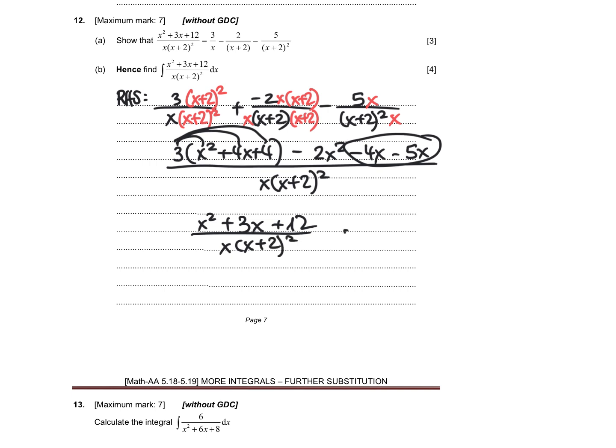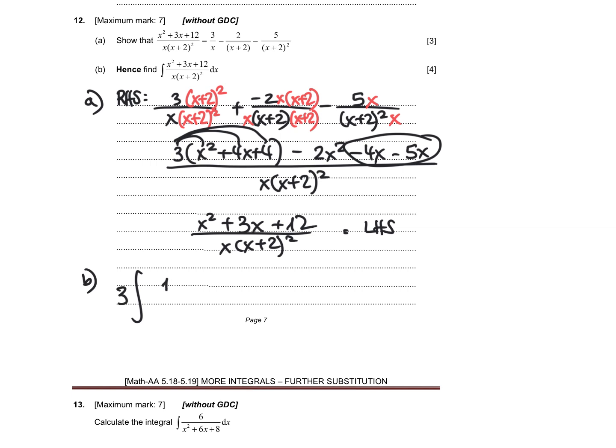So this is the left-hand side. All right, so that's A. B, hence find this. So we know that thing is equal to 3 over x. So yeah, I'm going to separate all of them.